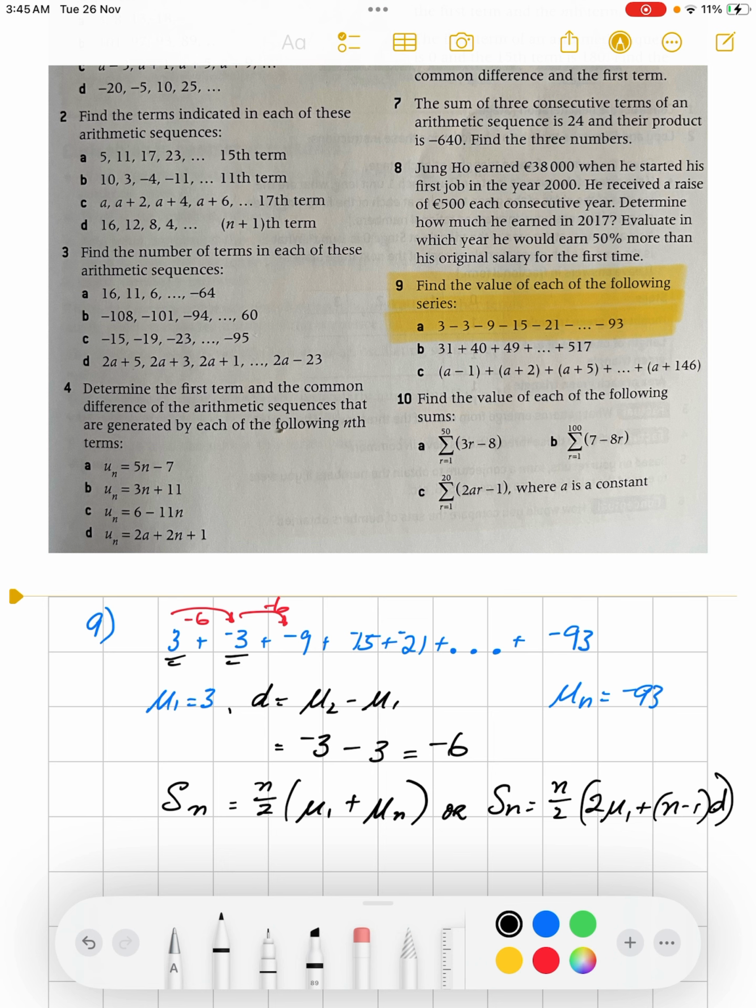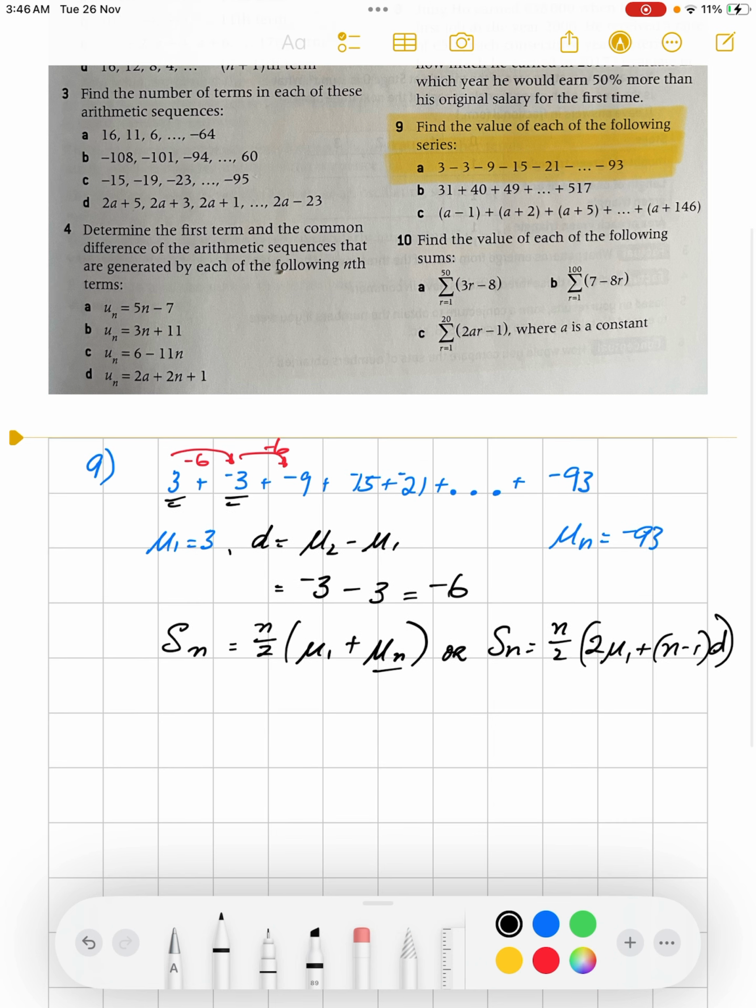And we get that simply by replacing un with the normal formula for the nth term. Well, both of these equations need an n value. So we need to know how many terms in our sequence, in our series.